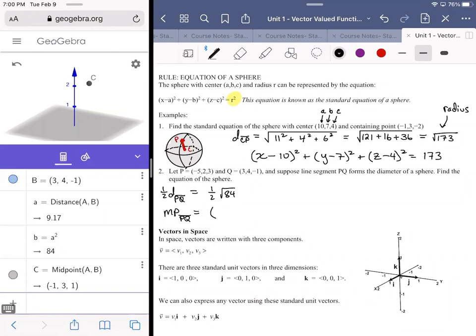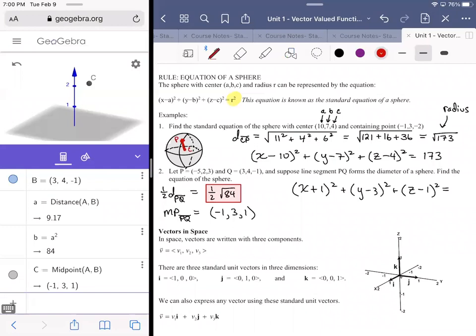All right, the midpoint, -1, 3, 1. So my answer would be x plus 1 squared plus y minus 3 squared plus z minus 1 squared equals, then I got to square this guy.